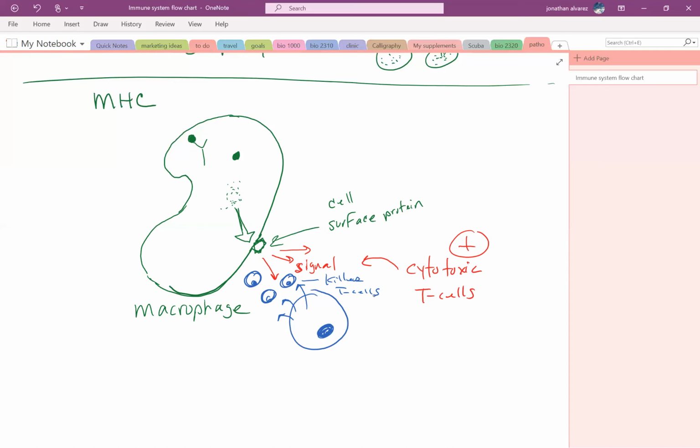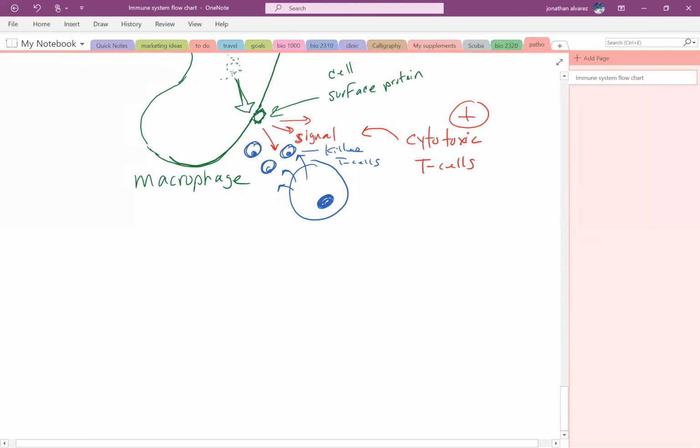All right, the actual signal is because of interleukins.